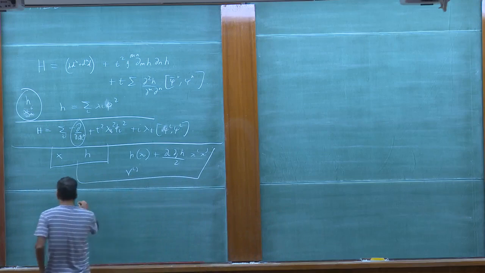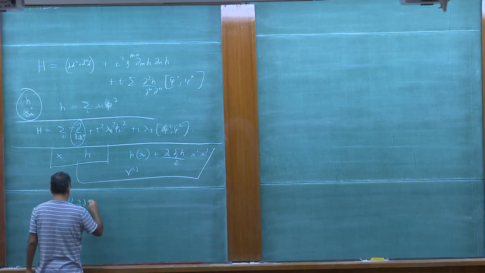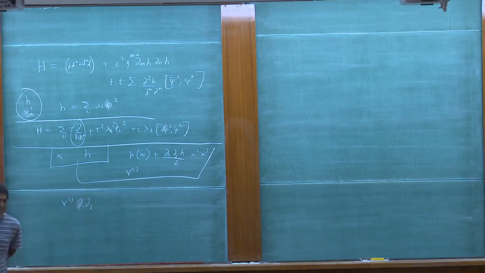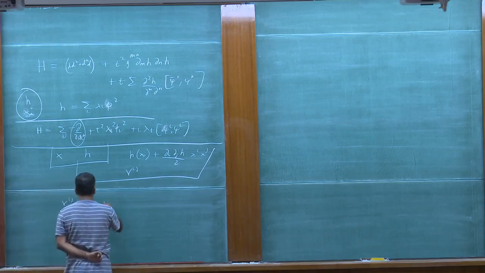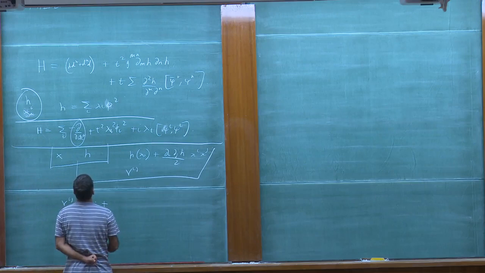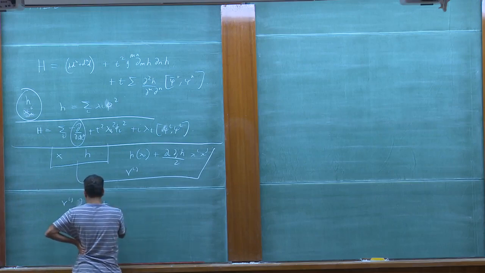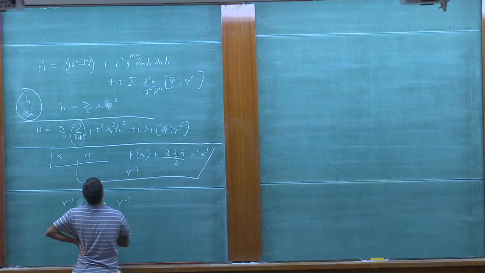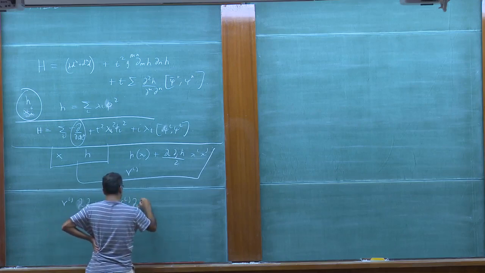So we have gamma_ij del_i del_j, that's the Laplacian term, plus gamma_ij del_i H del_j H.